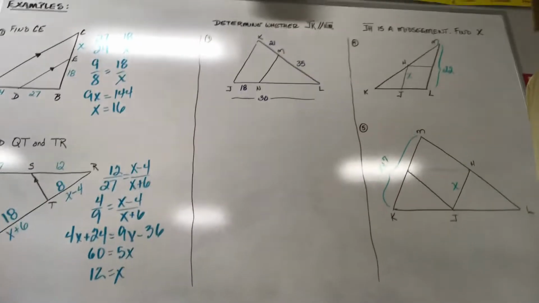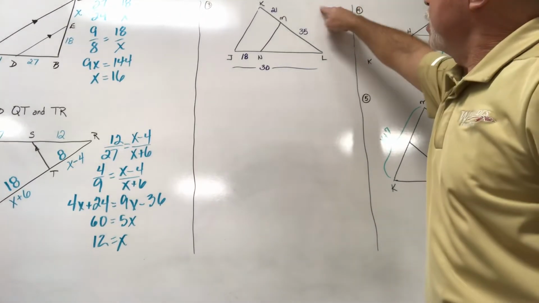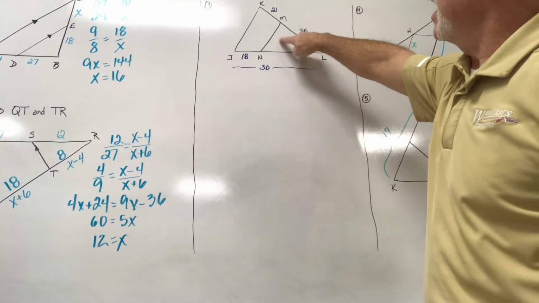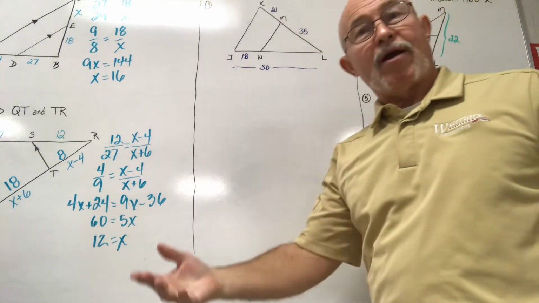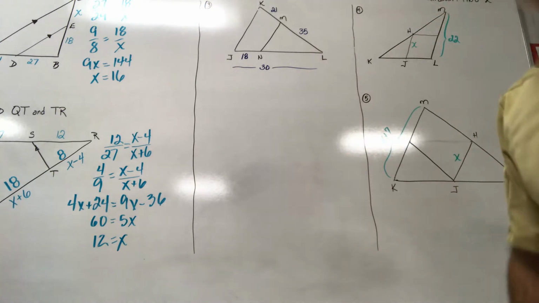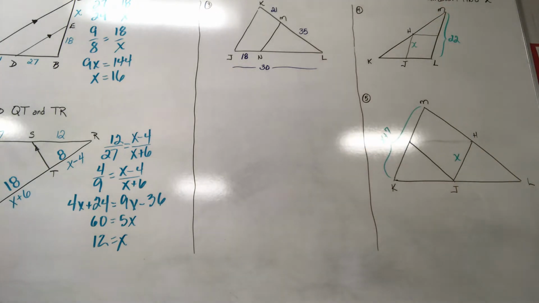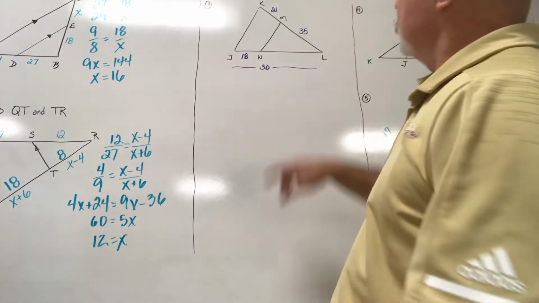Okay, on this one. Determine whether JK and NM are parallel. In order to do that, we have to see if there is a proportion. So, the first thing I have to do is this.